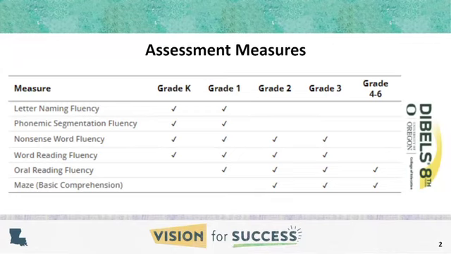These subtests are aligned to 4 of the 5 big ideas in reading identified by the National Reading Panel, including phonological awareness, phonics, fluency, and comprehension.